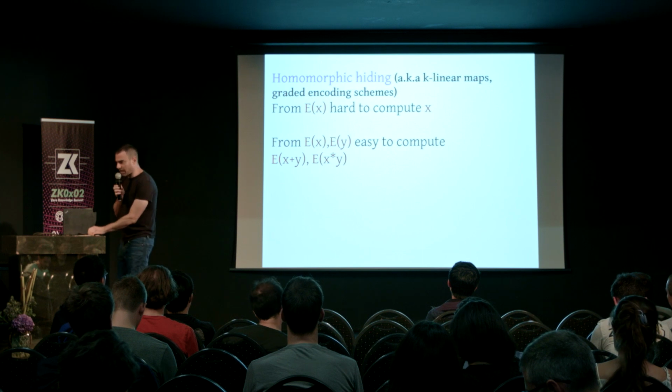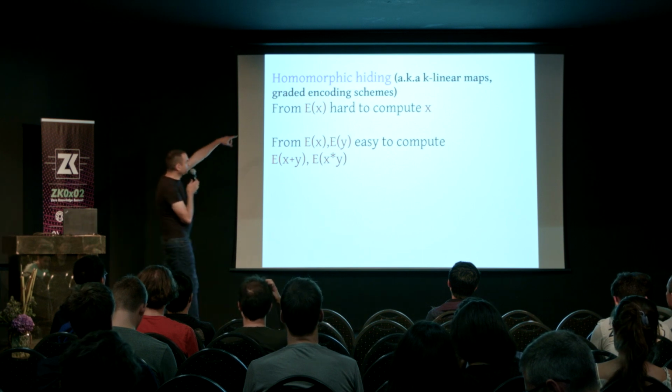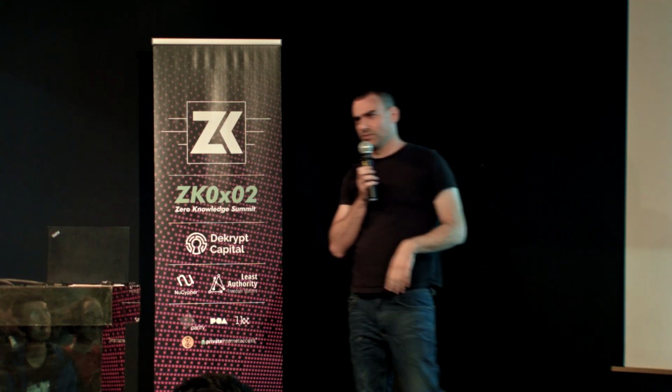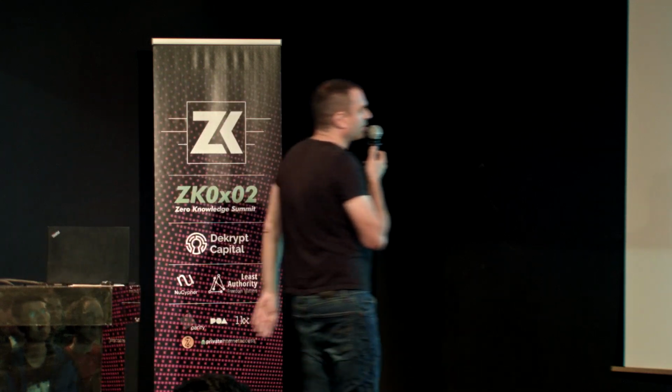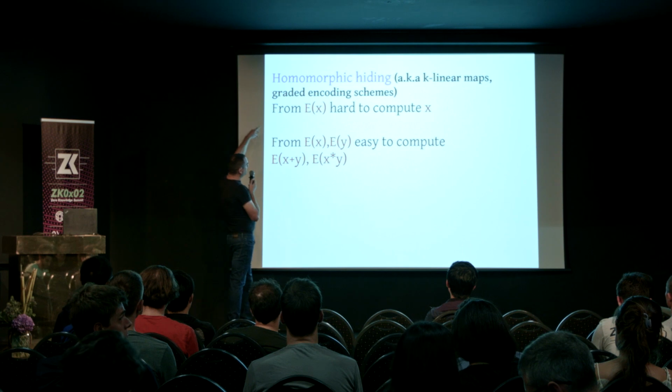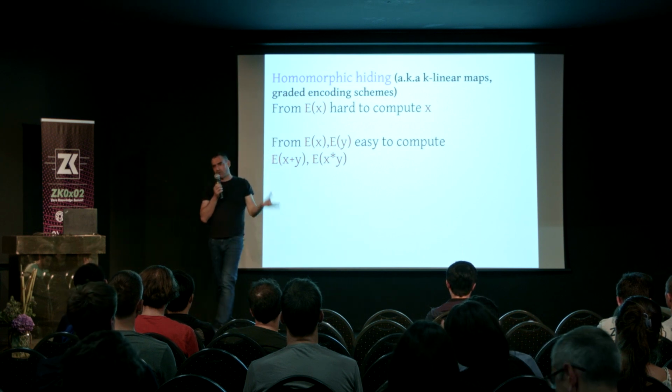This is a term I kind of thought of, but then I saw that in the crypto literature it corresponds very closely to these things called k-linear maps and graded encoding schemes. And this is very similar to homomorphic encryption, which I'm sure you've heard the term. So what does a homomorphic hiding mean? Well, it's some mapping E that has two main properties.